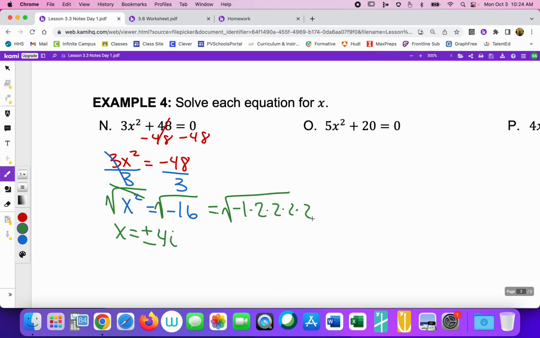But if you see a negative sign, it's going to be an i, and then pull out any pairs if you can. But if it is a perfect square without the negative, then there won't be any radical left over. So the solutions of these are positive and negative 4i. Questions there?